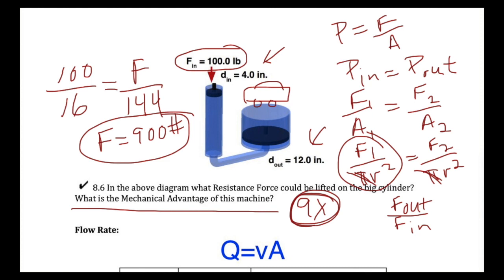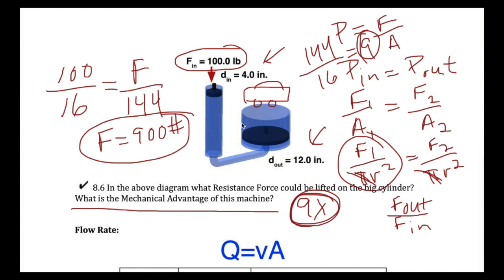If you divide the areas, either way, 144 divided by the 16, you get 9, right? So we're assuming this is an ideal mechanical advantage, right? So I do get 900 pounds of effort or resistance force out of it, just putting in 100 pounds of force.